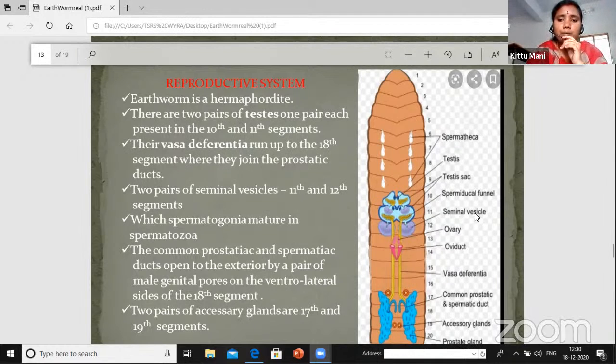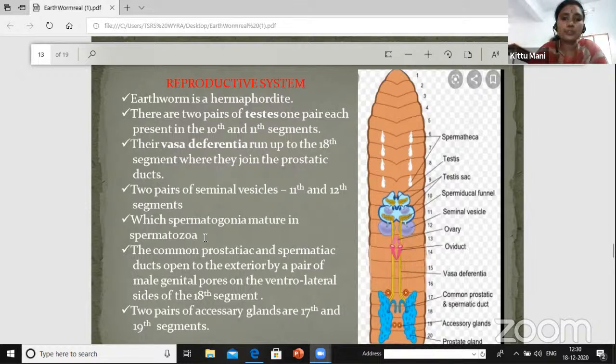Spermatogonia are immature sperm cells, but after they mature, they are modified into spermatozoa.